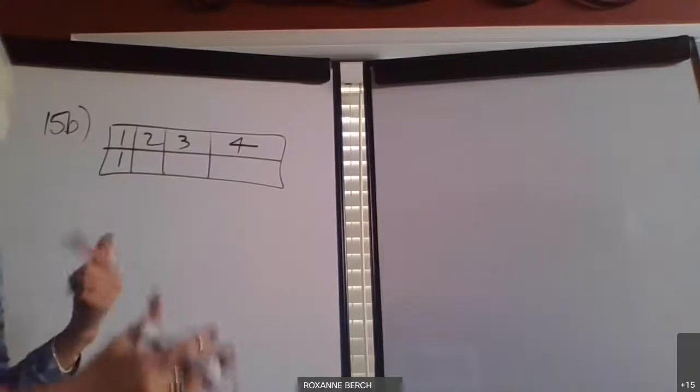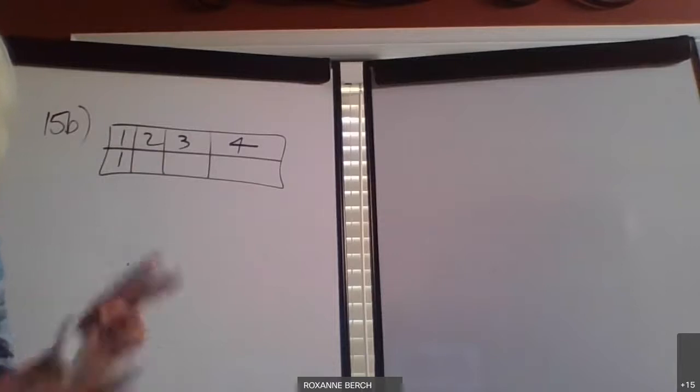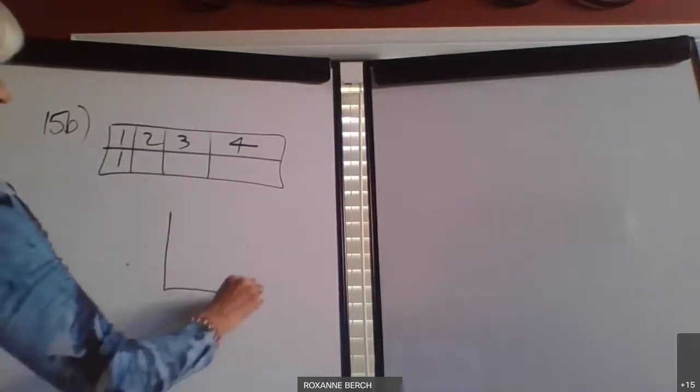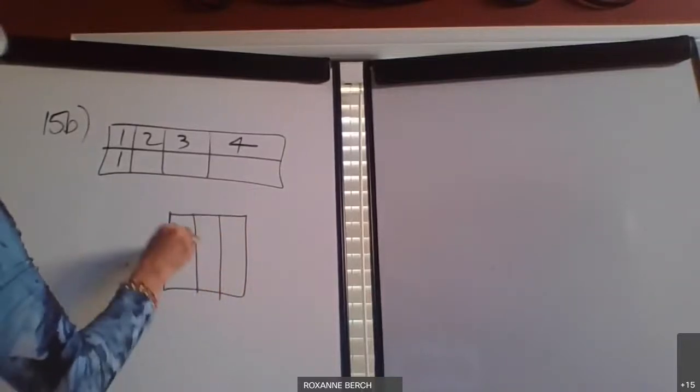What would the next term be? It's a fraction, right? So how many parts are colored out of how many parts? So wouldn't you have to break it down into parts to see what's going on?